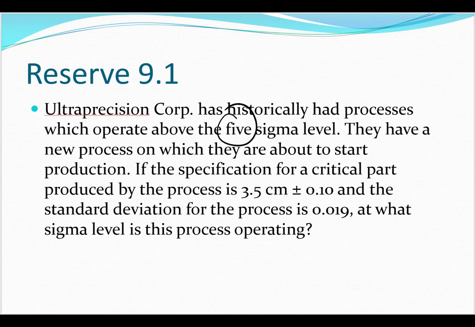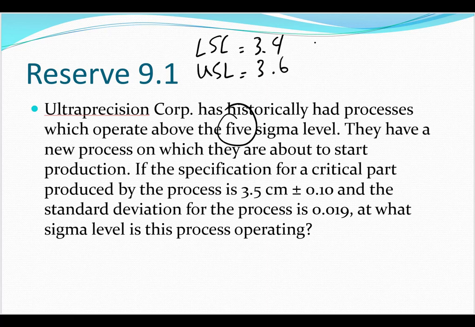So in here, because we have 3.5 plus or minus 0.1, then we know our lower spec limit is 3.4 and our upper spec limit is 3.6.